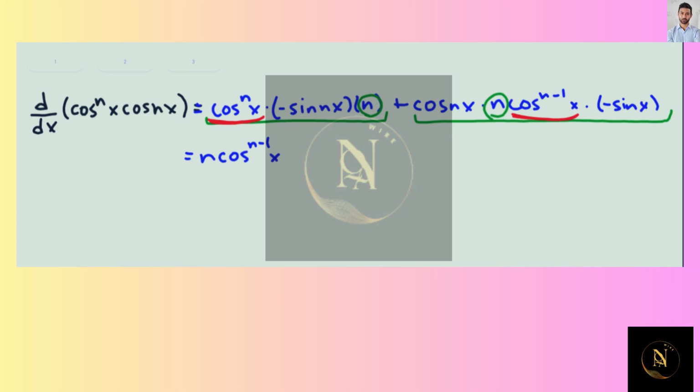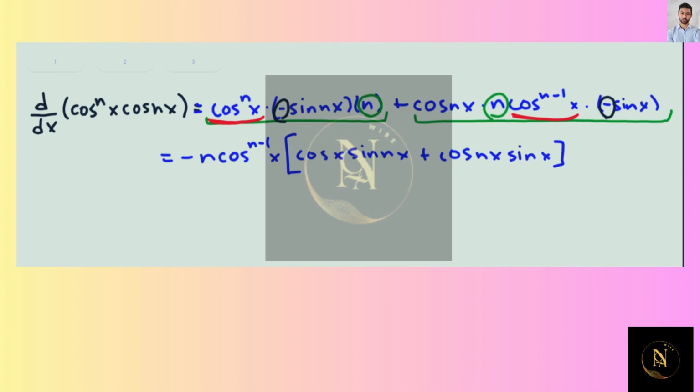And they both have a negative, so we can factor that out. Okay, so what do we have left then? In the first term, we still have our leftover cosine x, and we have a sine of nx. And in the second term, we have the cosine of nx, and we have the sine of x.